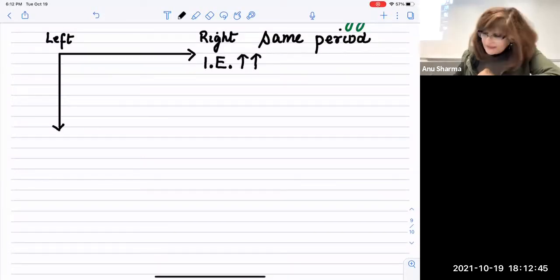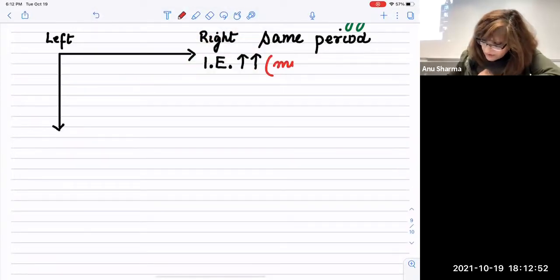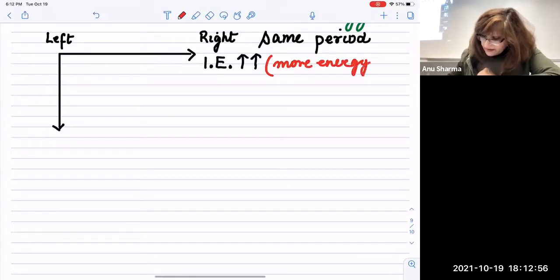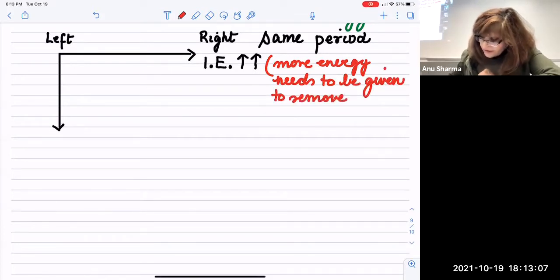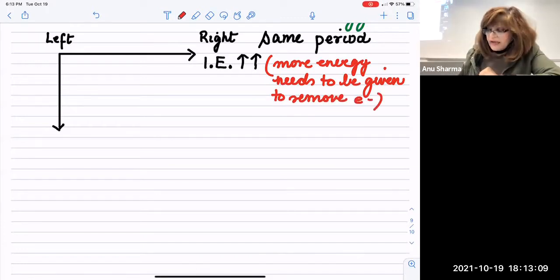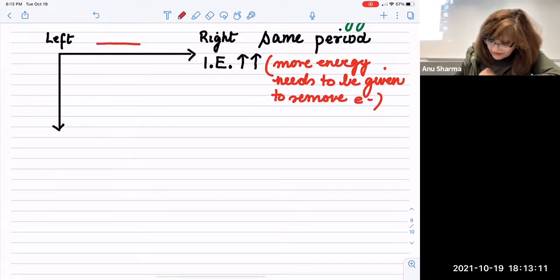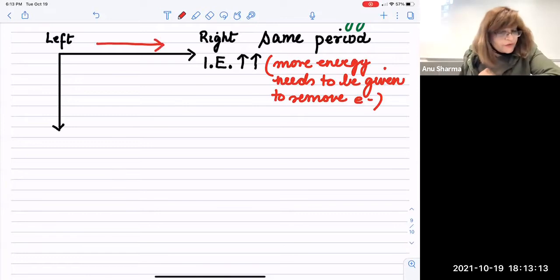Okay, means it would be difficult. It becomes more energy needs to be given to remove the one electron. So more energy needs to be given to remove electrons, as you move your finger from left to right.